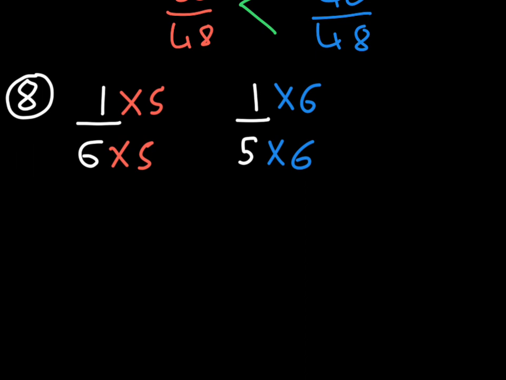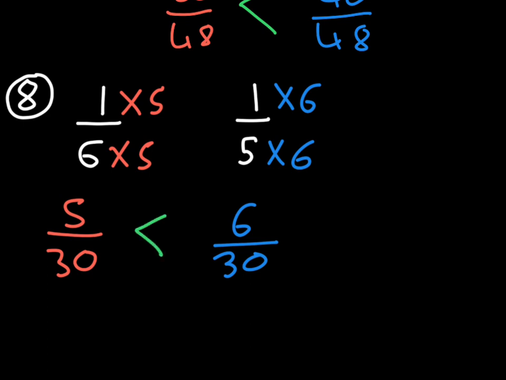Therefore, 1 times 5 gives us 5, 6 times 5 gives us 30, 1 times 6 is 6, 5 times 6 is 30. Now we can see that since our denominators are the same, they're both 30, we can compare, and because 6 is greater than 5, we can say that 1 over 5 is larger than 1 over 6, or rather 1 over 6 is smaller than 1 over 5.